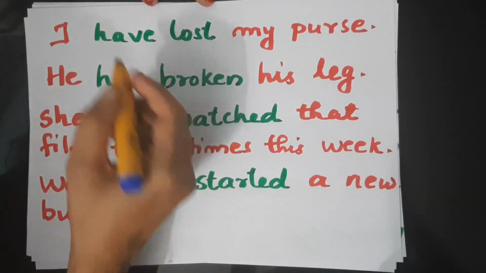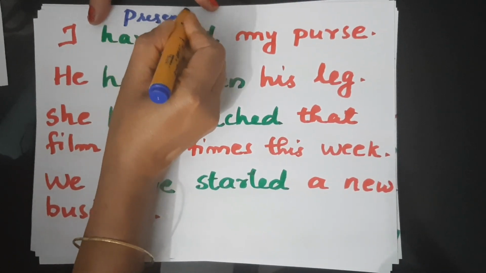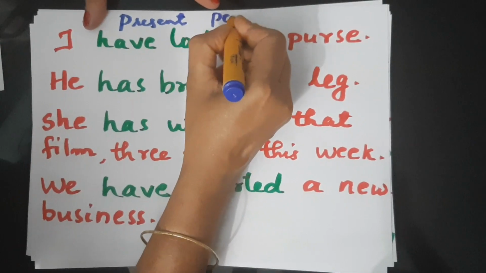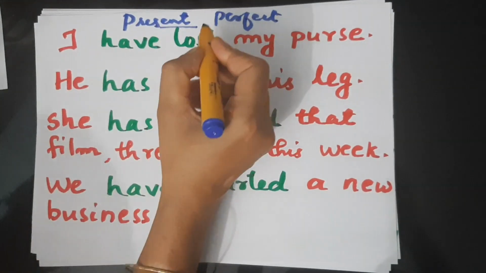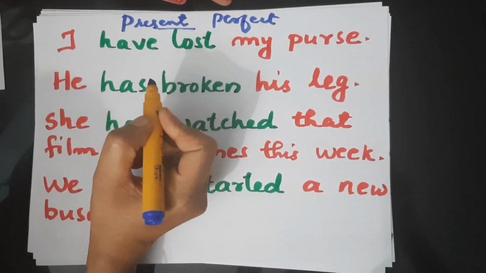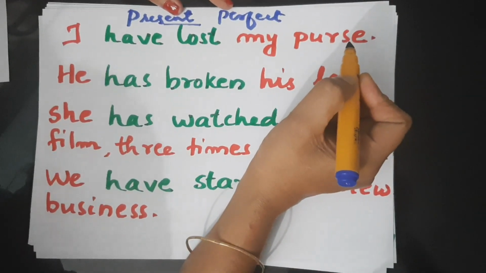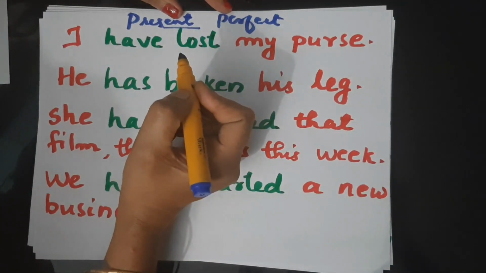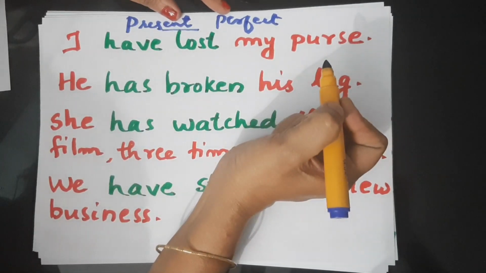Now let's deal with the present perfect tense. Present perfect. Okay. See, this present perfect tense denotes a just completed action, or an action that has been completed in the immediate past.